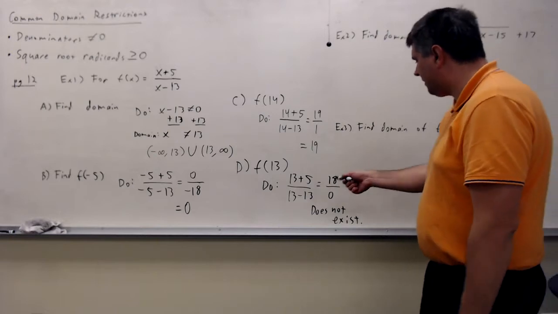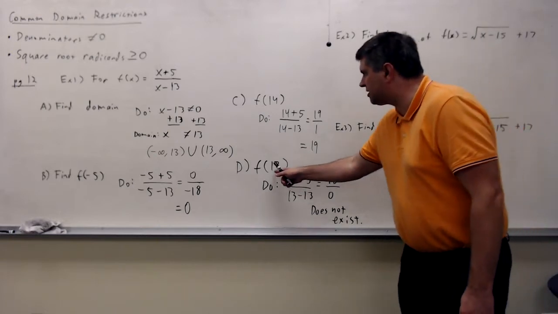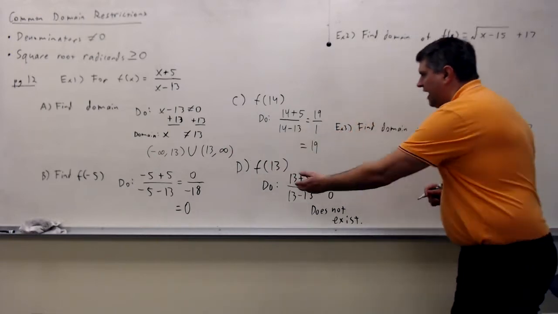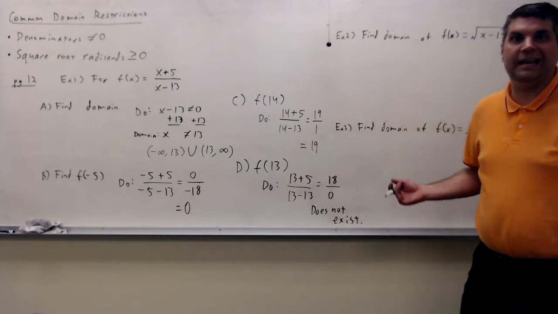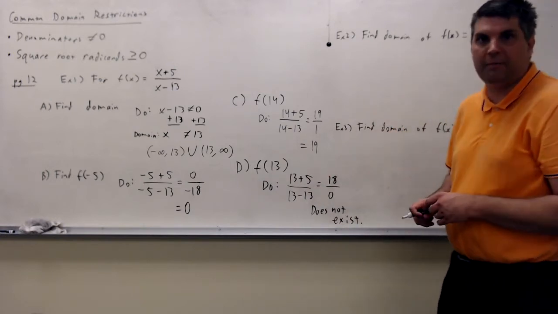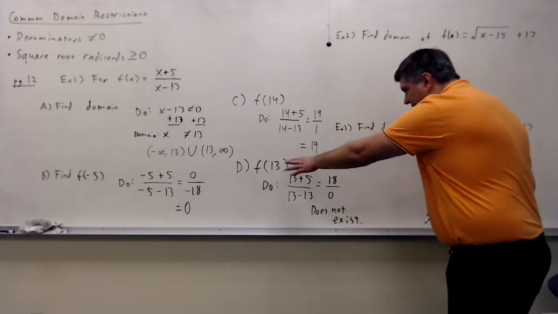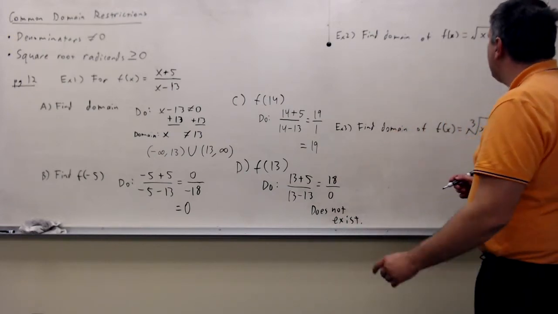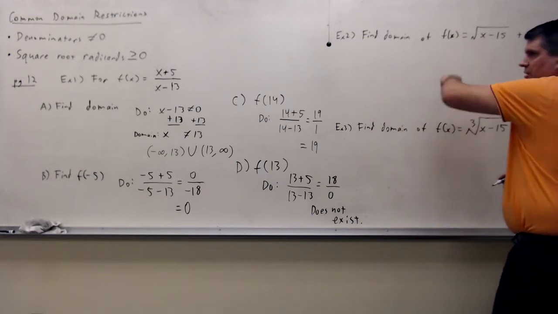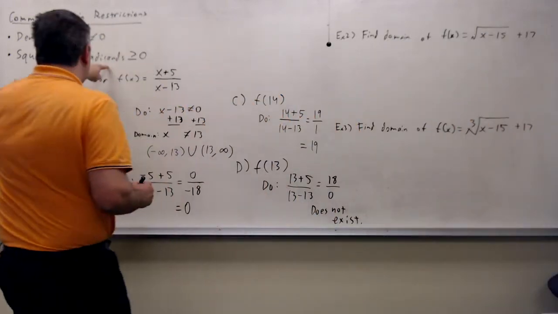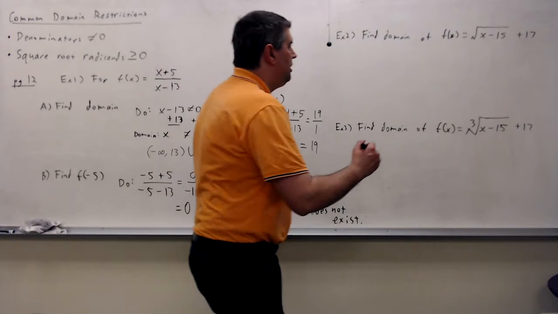Okay? 13 was excluded from the domain, and when I tried 13, I didn't get anything. I didn't get a real number back. So that explains why 13 is excluded from the domain. Now, this is a square root function. The square root radicand must be greater than or equal to 0.